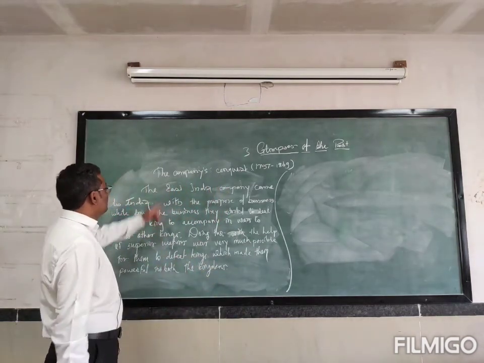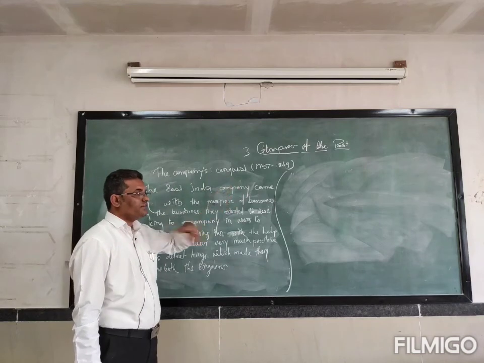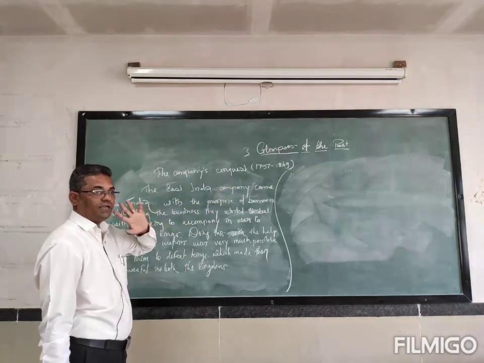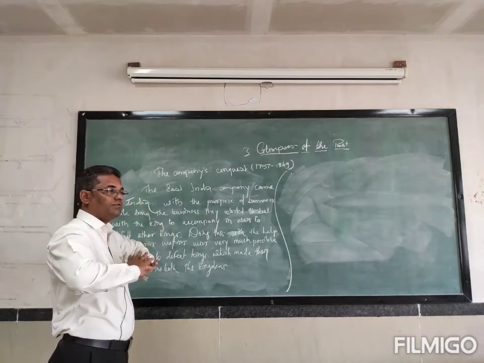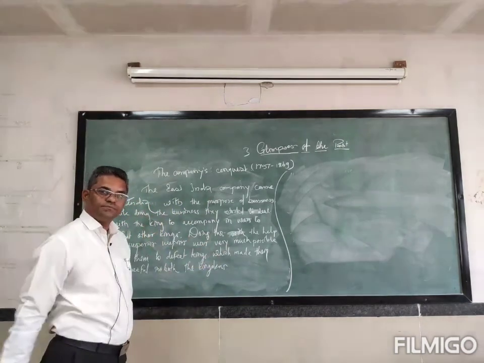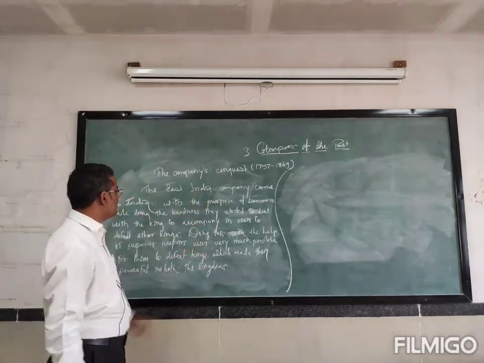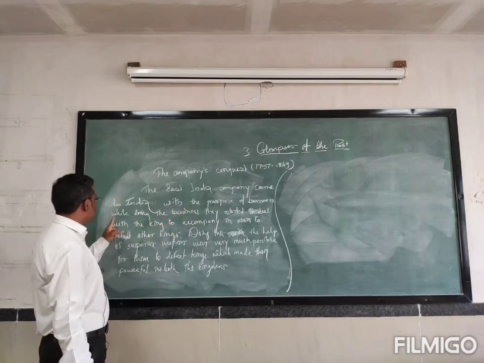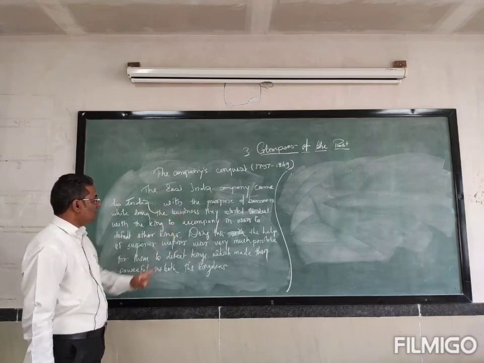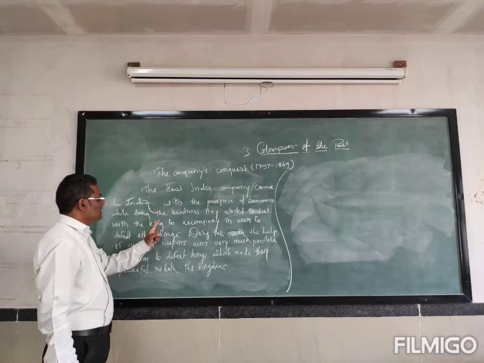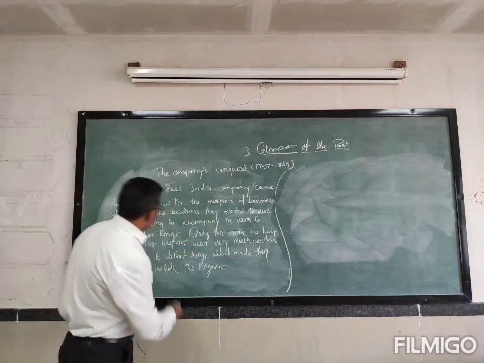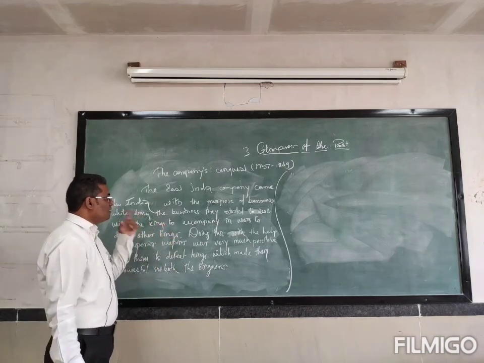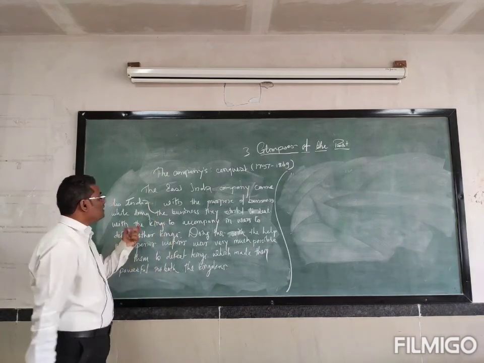The second article, the company's conquest, winning. 1757 to 1849. Up to 1849, the company was ruling most parts of India. In 1757 they entered India. The East India Company came to India with the purpose of business. While doing the business, they started to deal with the kings, to accompany them in wars to defeat other kings.